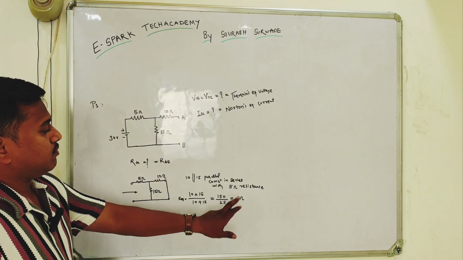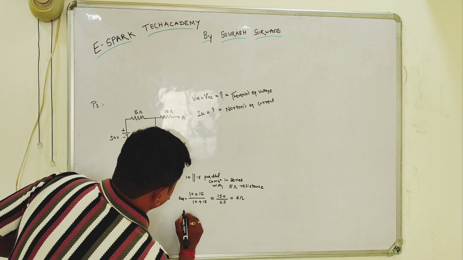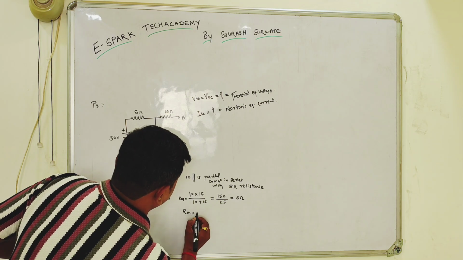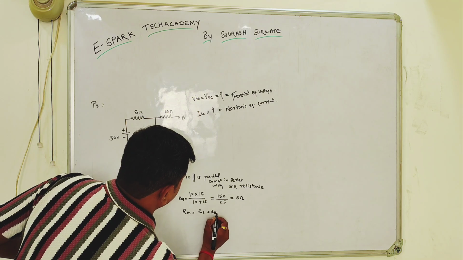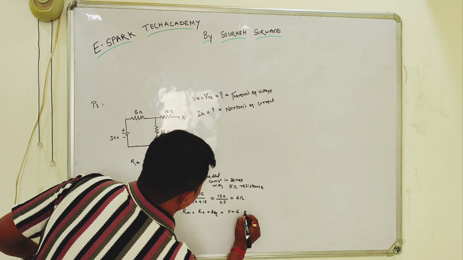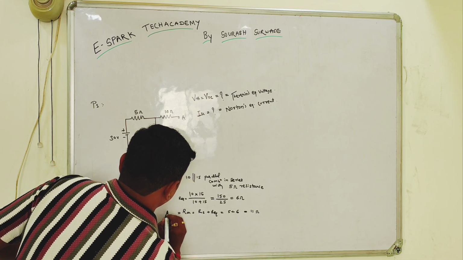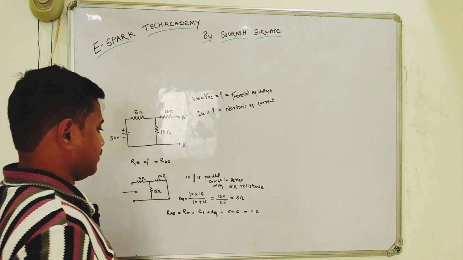Now this 6 ohm will be in series with 5 ohm. That's why RTH will be R series plus R equivalent. Here R series is 5 ohm plus 6 ohm. It will be 11 ohm.